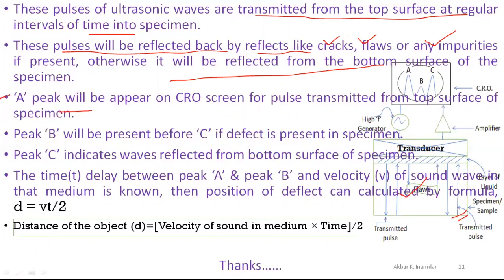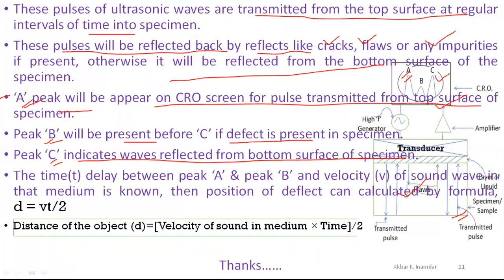The peak A will appear on the screen of the CRO for the pulse transmitted from the surface of the specimen. So this peak A is because of the pulse transmitted from the surface of the sample, and peak B will be present before C if a defect is present, and peak C will indicate the waves which are reflected from the bottom surface.